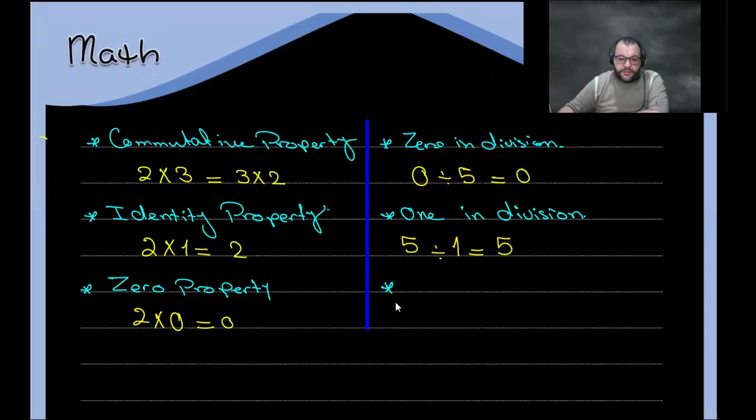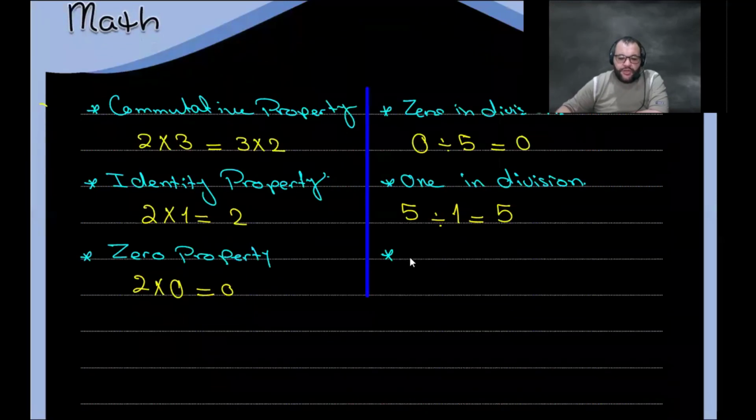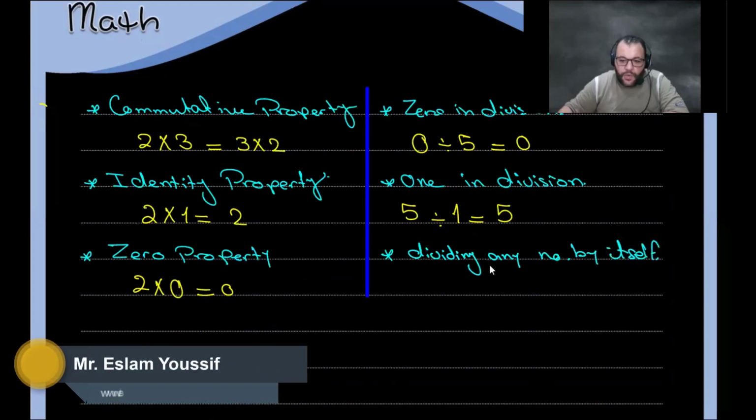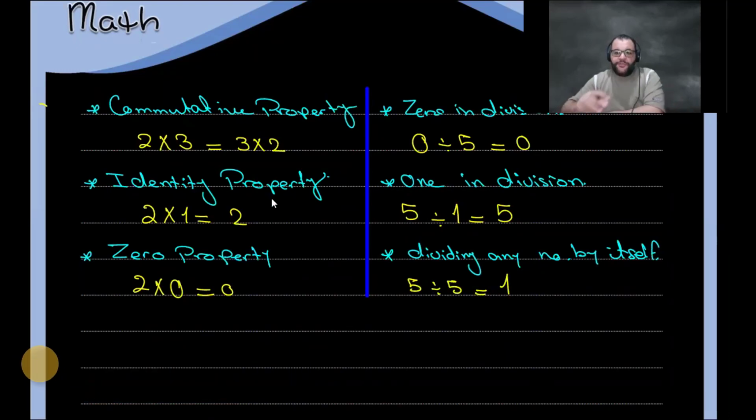After that, if you divide any number by itself, the result will be 1. Any problem for this part?